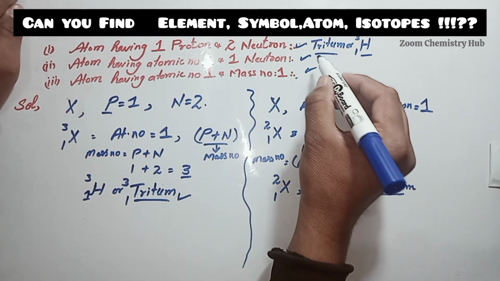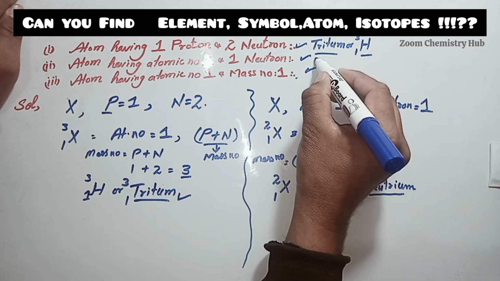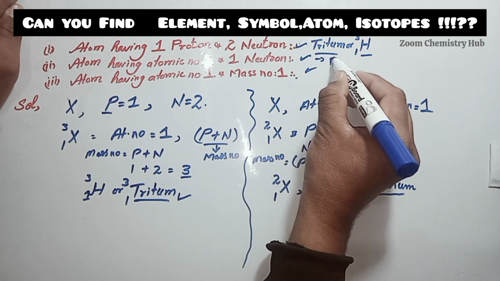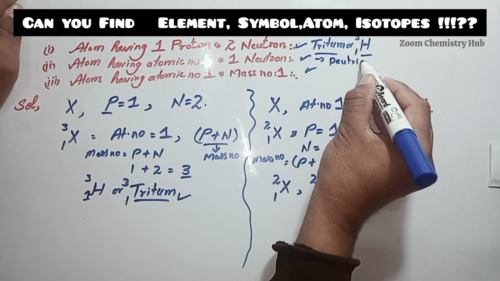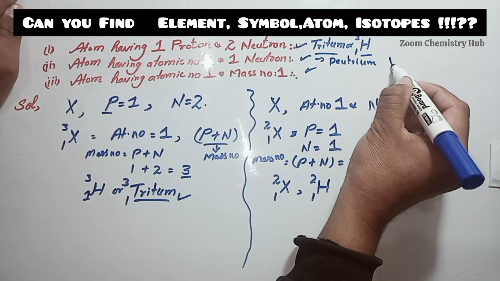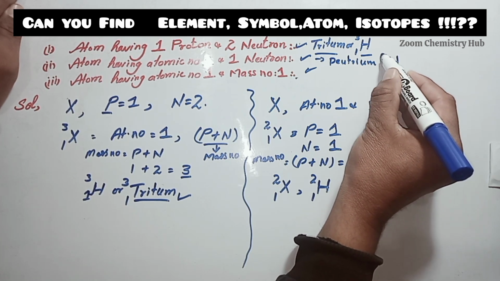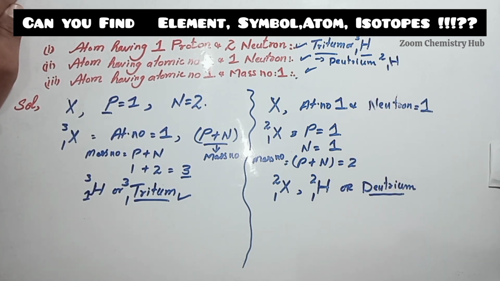So the answer to the second part of this question is deuterium, having atomic number 1 and mass number 2.